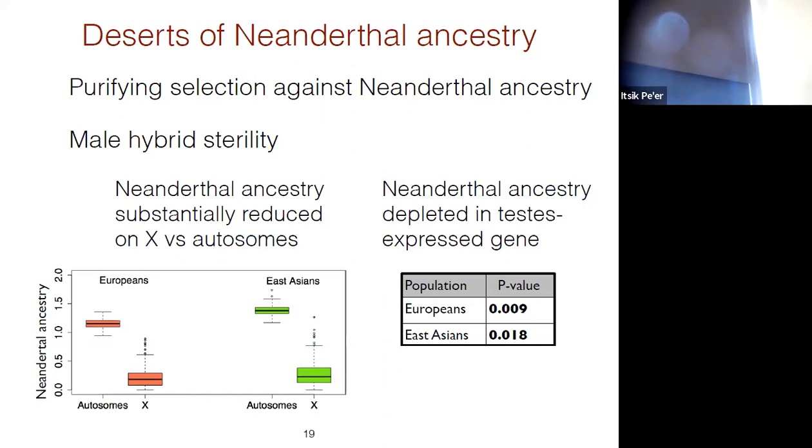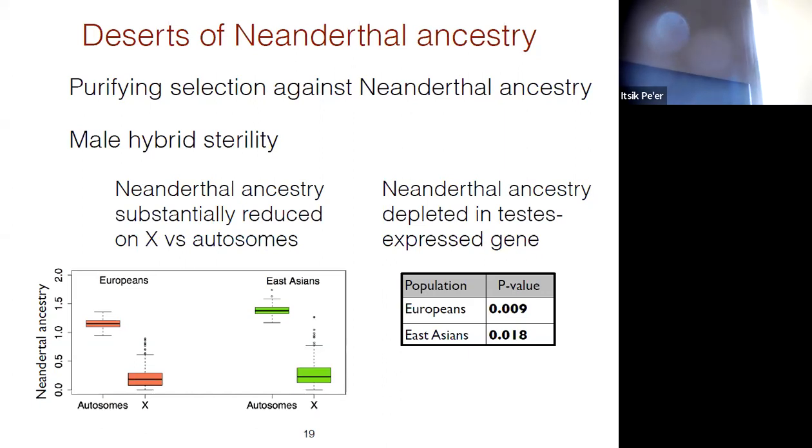As a result, there's been an accumulation of deleterious variants in these populations, which then enter into the modern human population and get removed by selection. So this is one explanation for these deserts of Neanderthal ancestry that we observe.